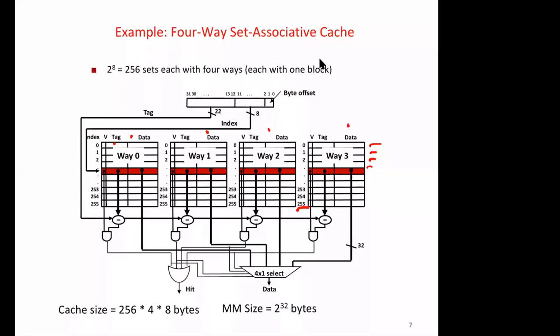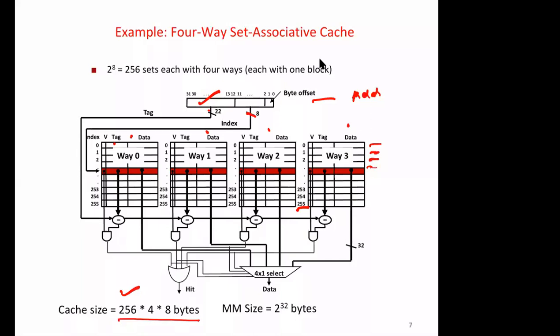So you look at this, this is the address that comes from the program or address space, or your LW. You want to read a memory location, right? And then what you have here gives you the tag. So 22 bits are tag, and this is index, and based on that you can calculate the cache size. Cache size is nothing but number of sets times number of blocks.